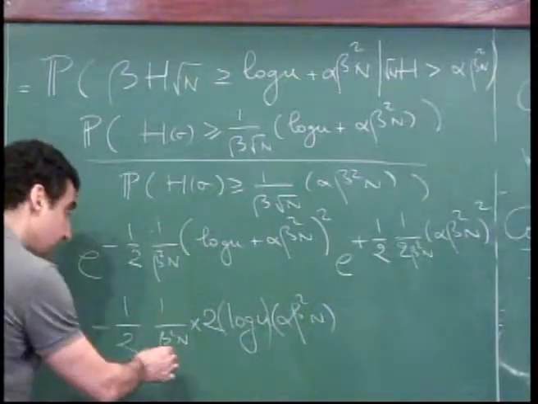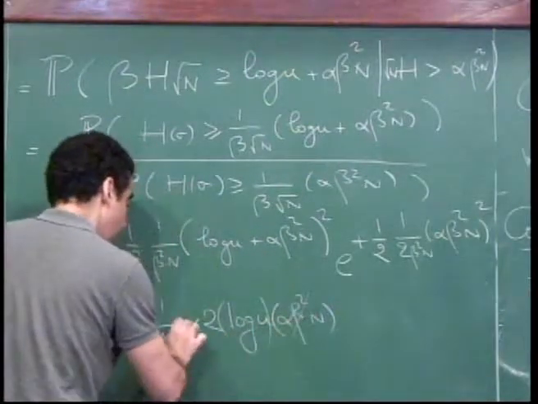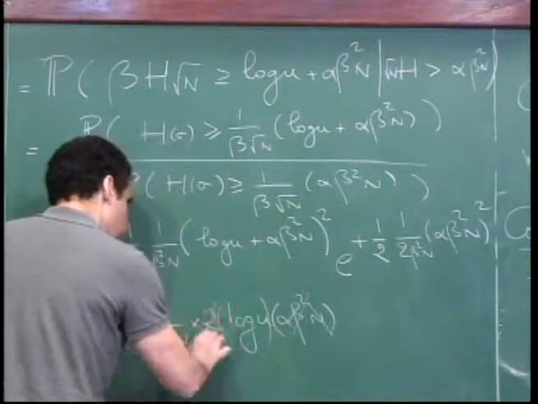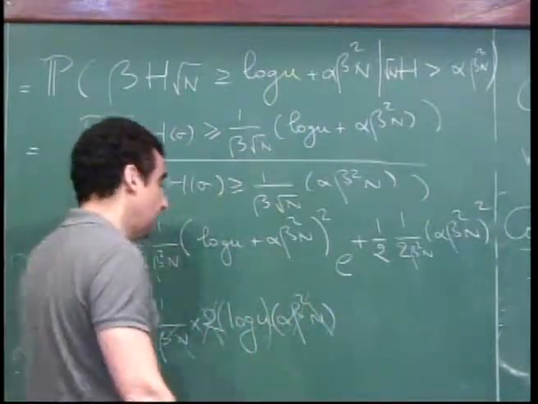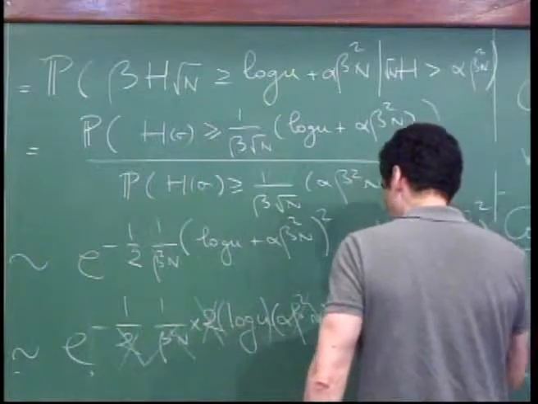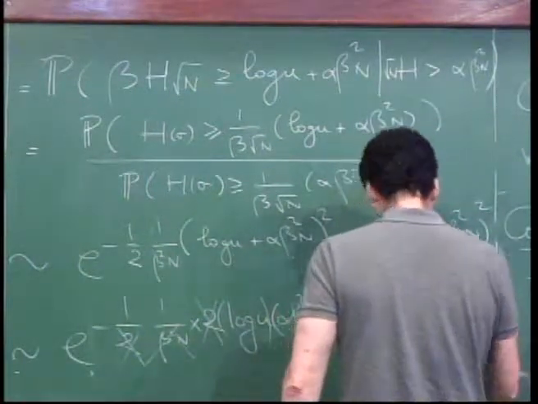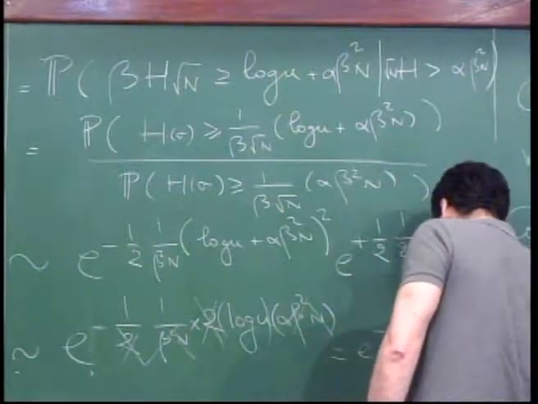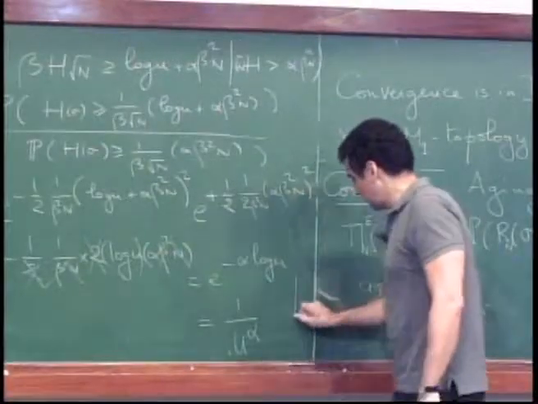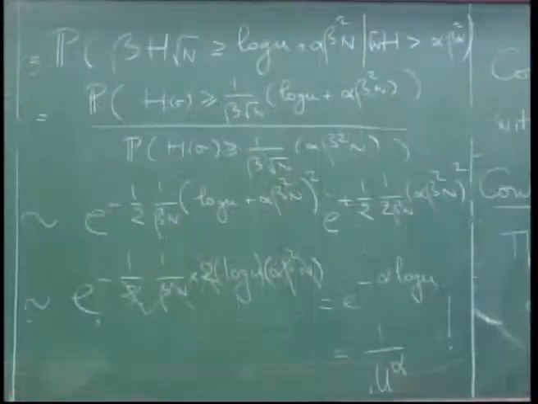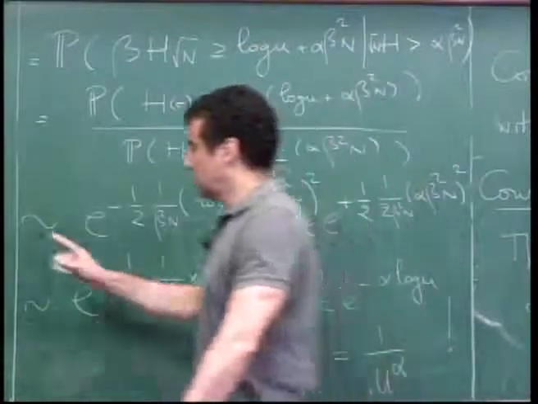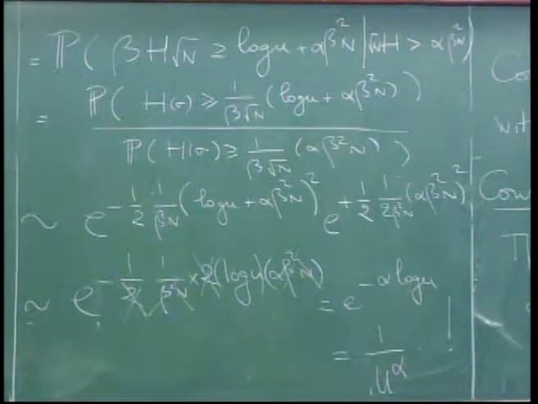Now you compute this, the beta square disappears with this beta square, n disappears with n, 2 disappears with this 2, and you get exponential minus alpha log u, which is just, lo and behold, 1 over u to the alpha. So here's where the heavy tail is. This thing is of order, when n is large, like 1 over u to the alpha.